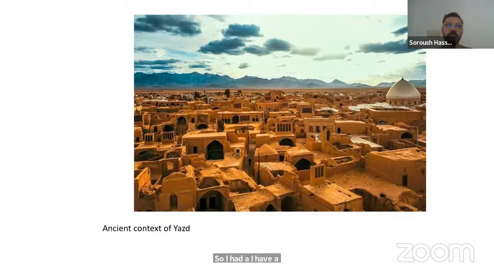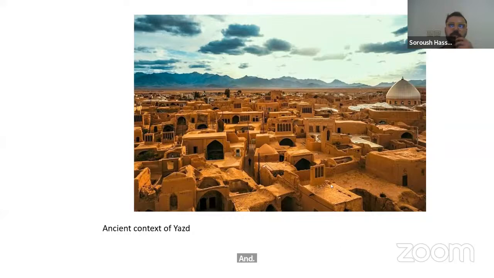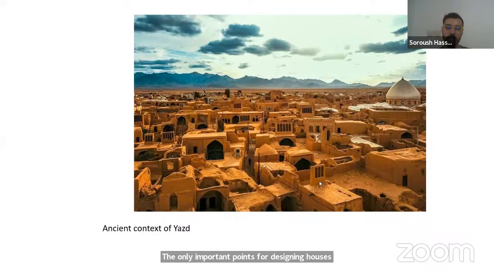This is the historical context of Yazd. As you see, there are some similar buildings with courtyards and vent holes. Everything is very similar. The only important points for the architect in designing houses were culture and context.